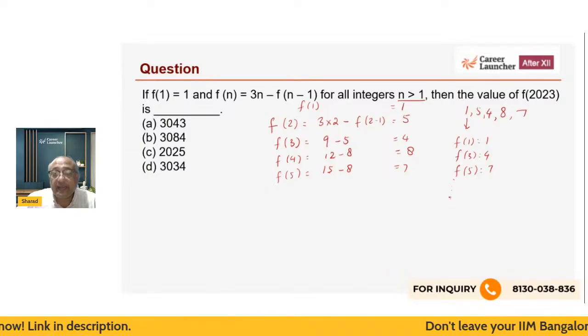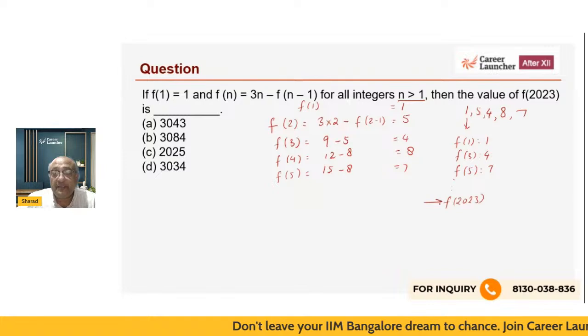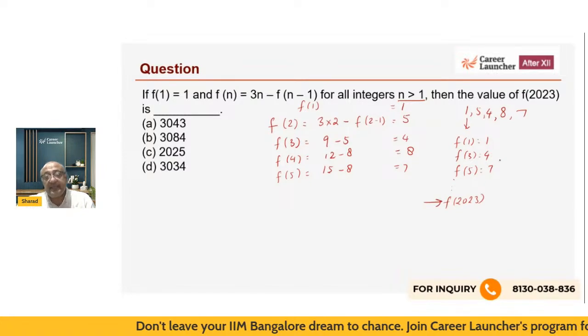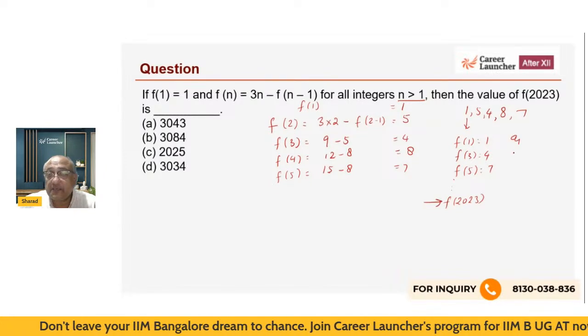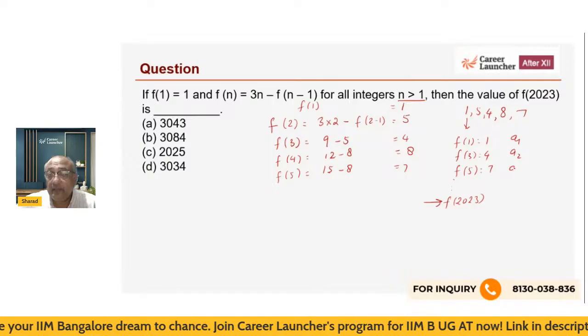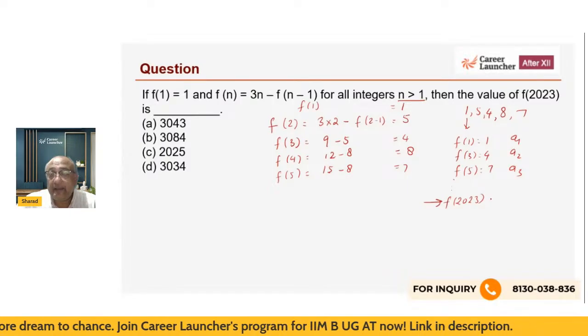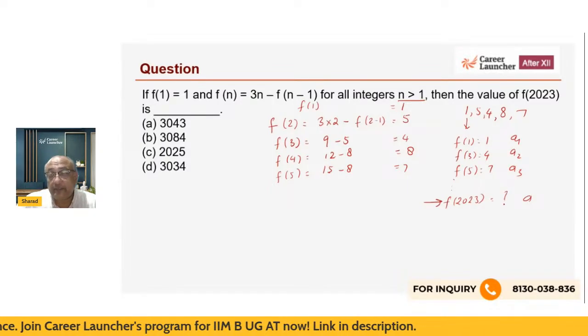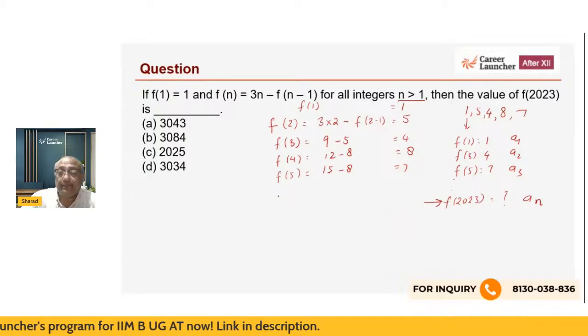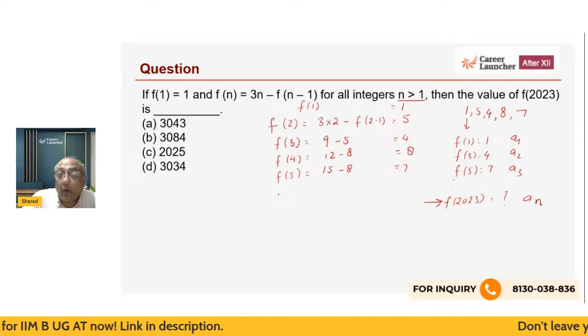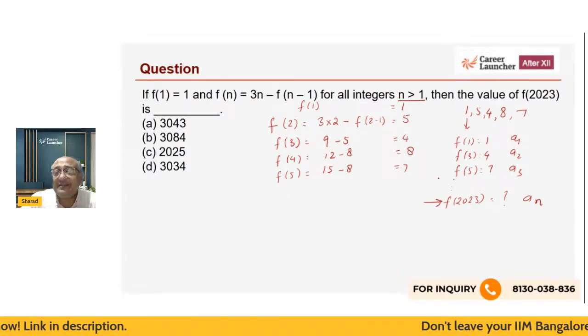And what is that? I have to find out f(2023). 2023 is odd, so it will be in the sequence only. So this is first term, this is second term, this is third term, and this I don't know, question mark. So let's say this is nth term. Oh, okay. So now this 1, 4, 7 is an arithmetic progression.